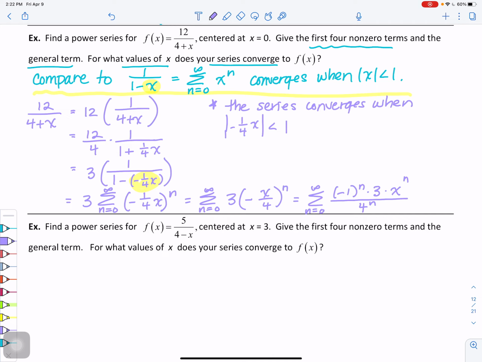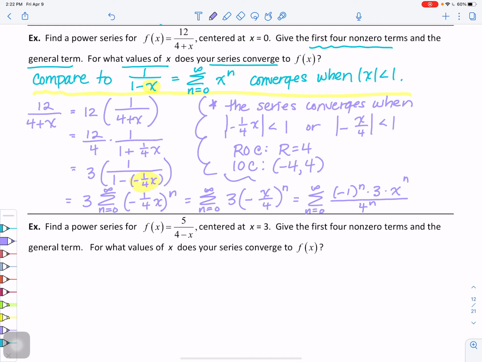And, I mean, that's it. You could just say this, or you could say the opposite of x over 4 is less than 1, the absolute value. Our radius of convergence, r, is going to be equal to 4. And our interval of convergence is going to be between negative 4 and 4.